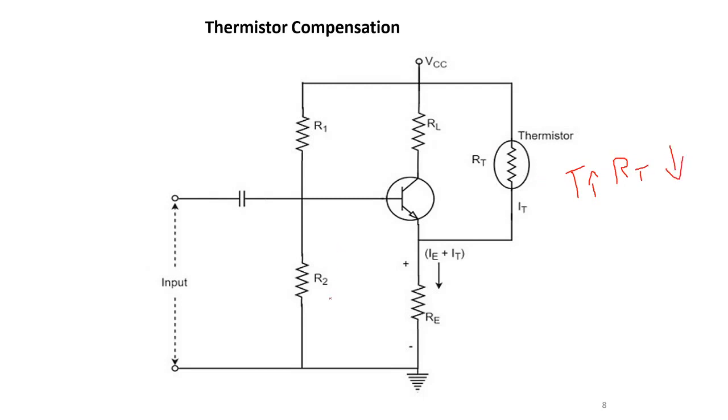It has been in parallel with this. If you observe the circuit like this, it will be easy for us. So whenever the temperature increases, the resistance is going to decrease.